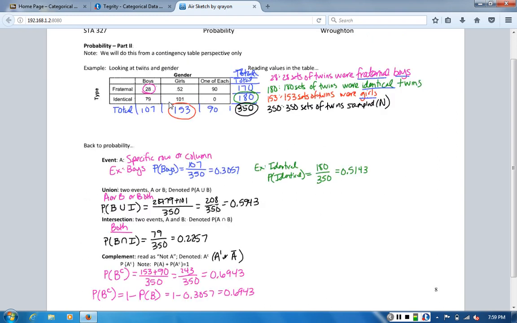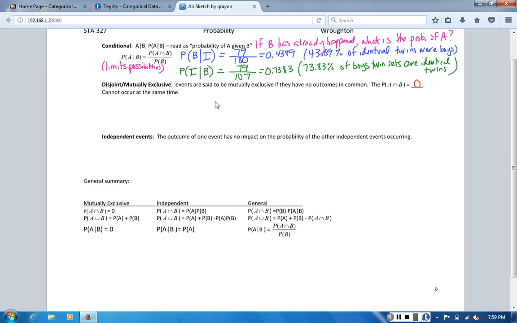So where I can see I'm going to have an intersection of 0 is right here. That is, I can't have identical twins and have one of each gender. So I can't have a boy and girl who are identical twins. It's not possible, can't happen. Those are disjoint or mutually exclusive events. So how I could write that here is the probability of being identical and one of each, because we haven't defined that one yet here, is 0.